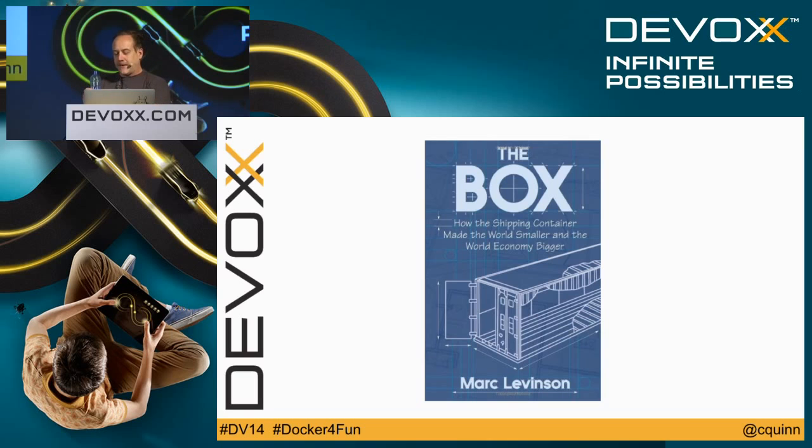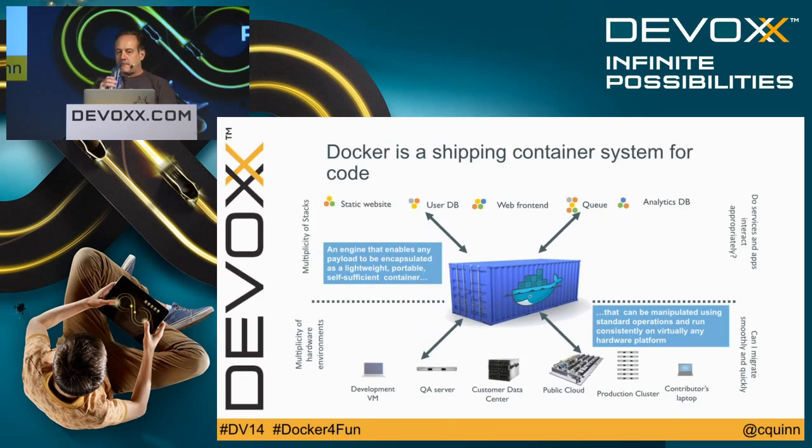There's the parallel in our world with the Docker containers too. So Docker is the shipping container system for our code, as the intermodal shipping containers are for physical goods.